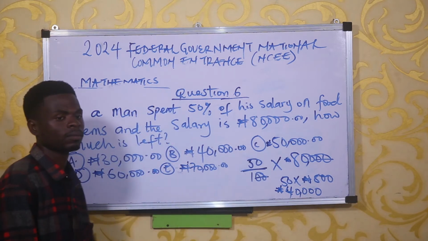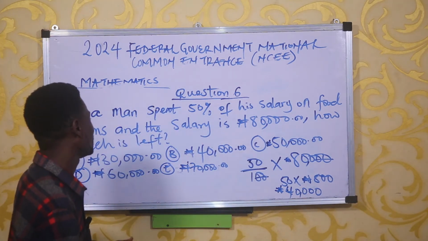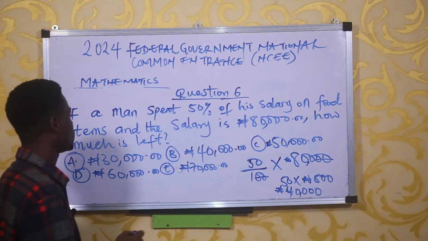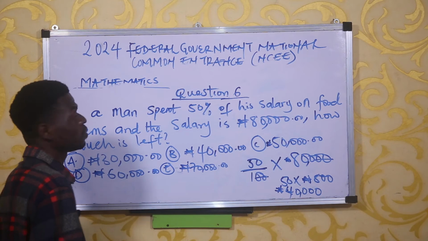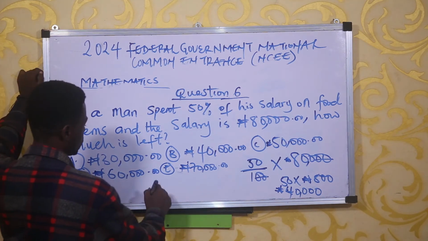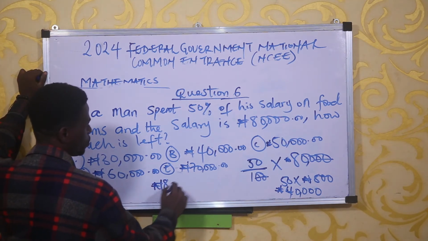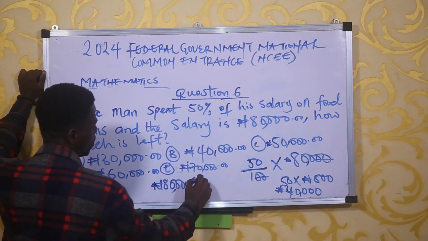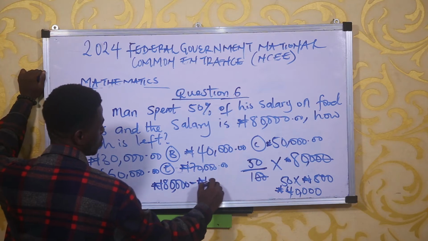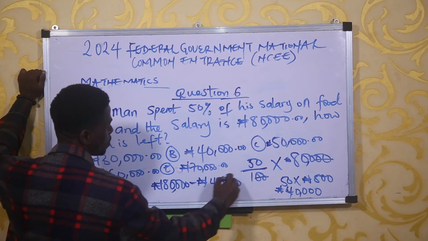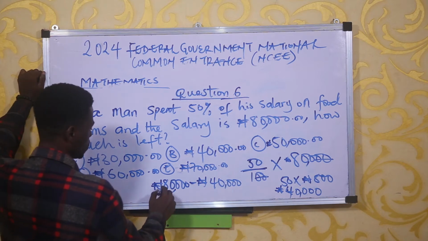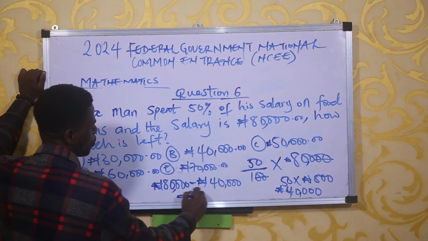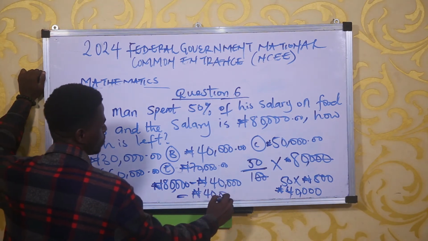Take note of that. The question says how much did the man have left from the salary of 80,000? So let's subtract 40,000 from 80,000. 80,000 naira minus 40,000 naira gives us 40,000 naira.